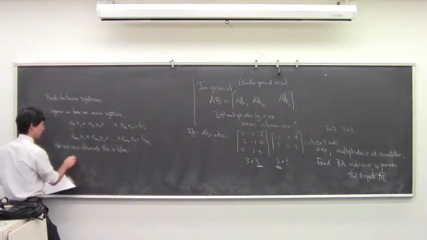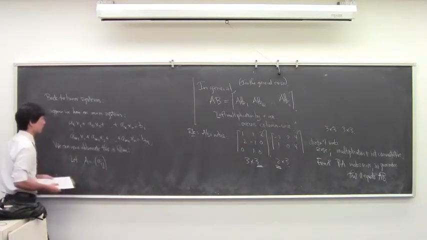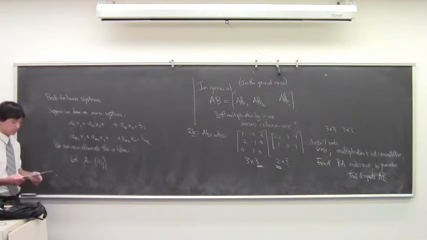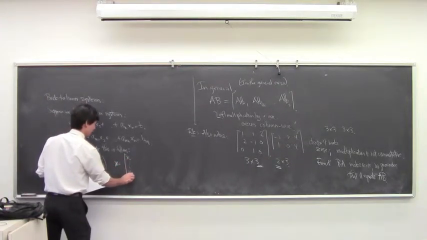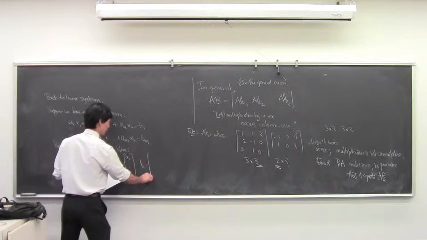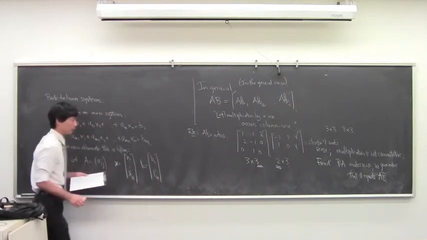Let A be the m by n matrix consisting of all the aij's. Let X be the column vector x1 to xn. Let B be the column vector b1 through bm.